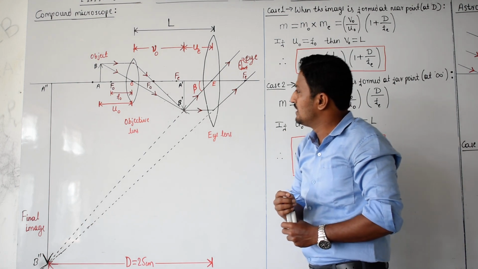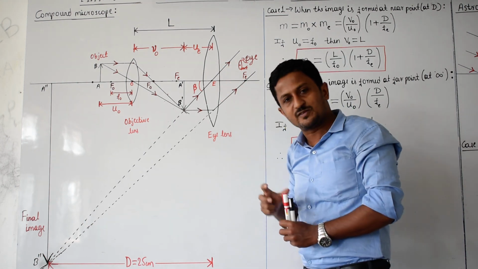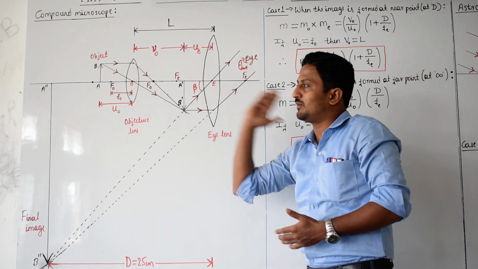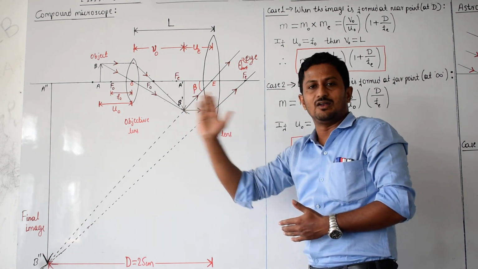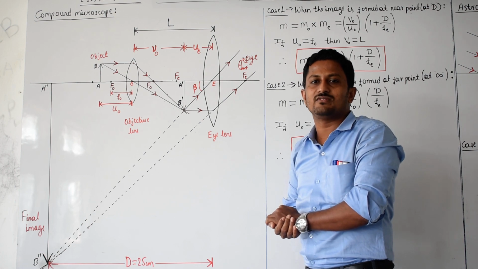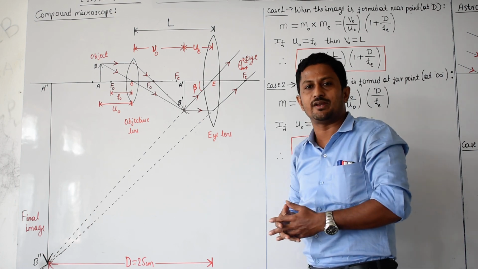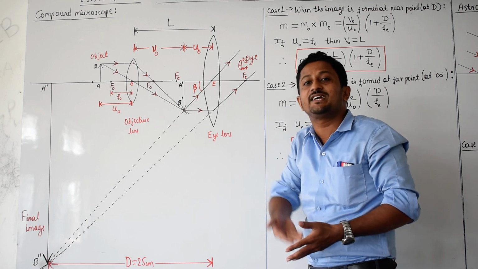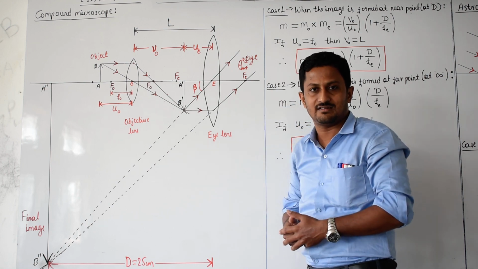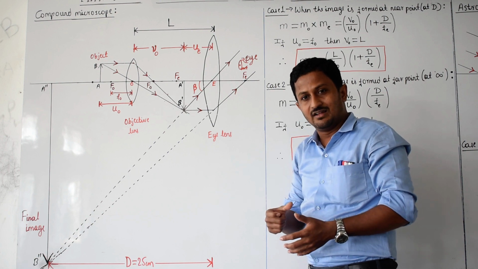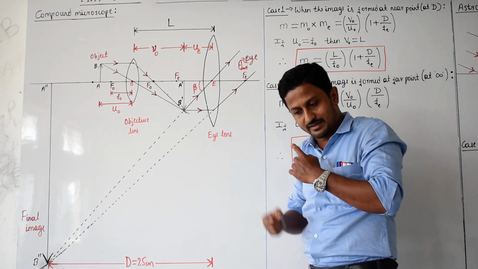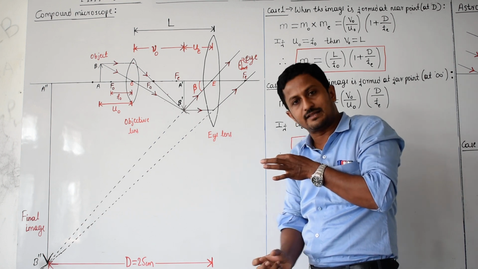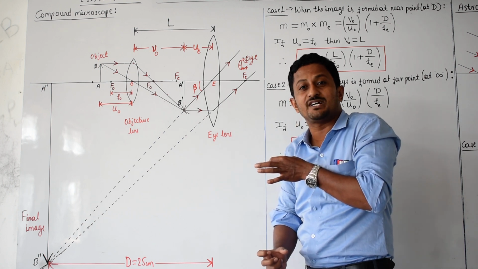Listen, here we are doing some adjustment in the compound microscope. Right now our ray diagram is in horizontal view. Suppose in your laboratory you will be using the compound microscope along a vertical line. Here you will have the eye lens, and at the bottom there will be the objective lens.